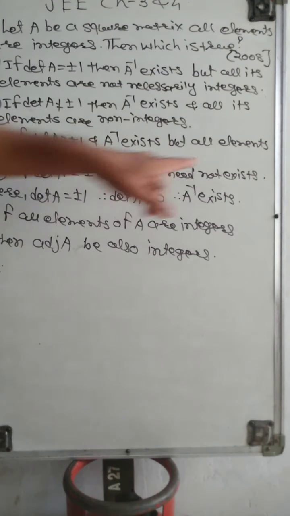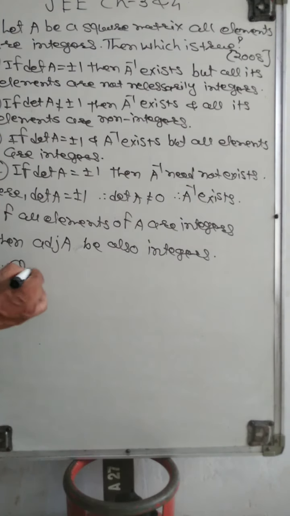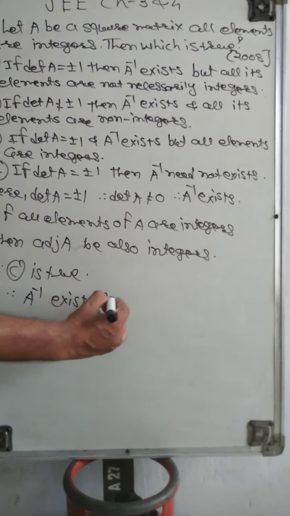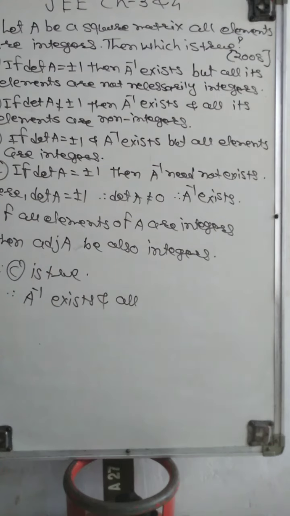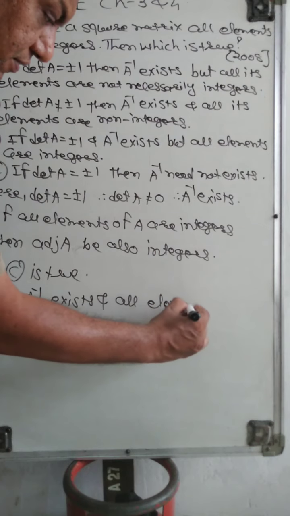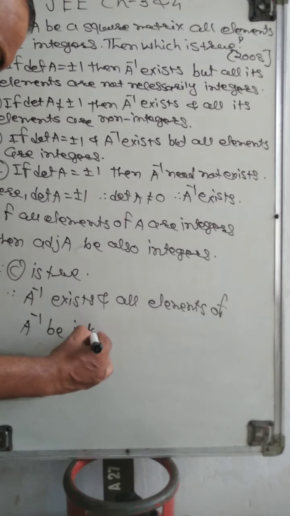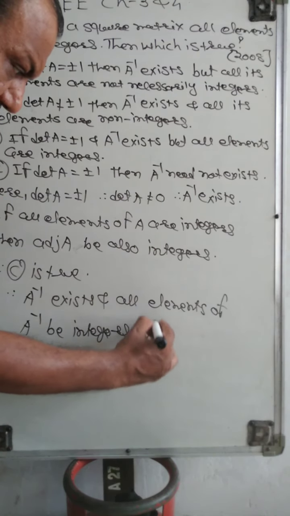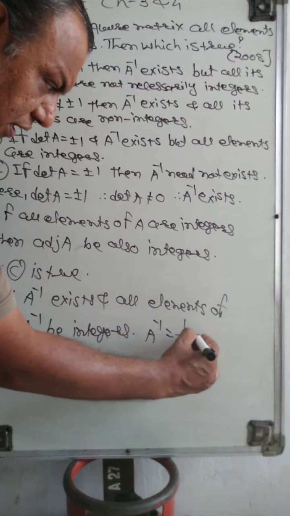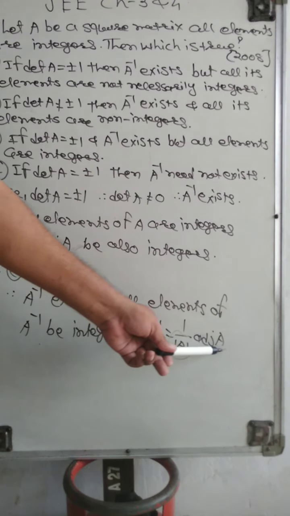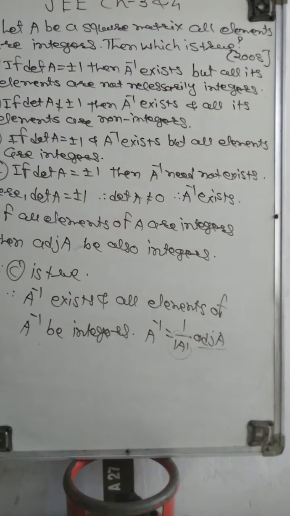If you see that all the elements are integers, therefore C is true, because A inverse exists and all elements of A inverse are integers, because we know that A inverse is equal to 1 upon determinant of A into adjoint of A. So here the determinant is non-zero, and this adjoint A has all elements which are integers.